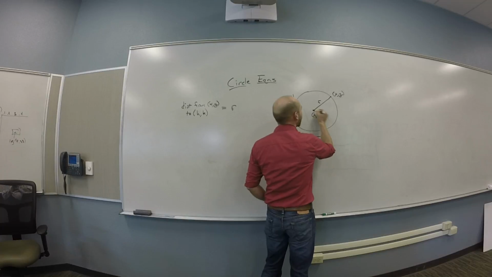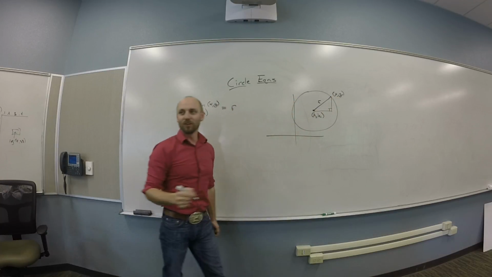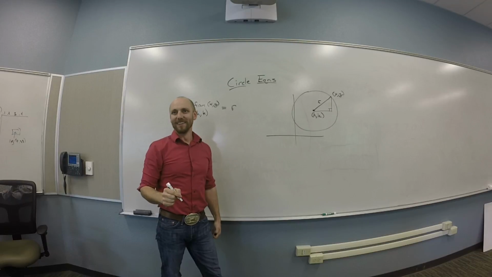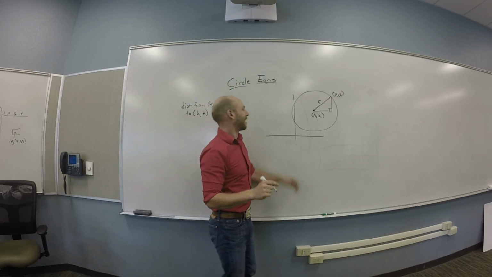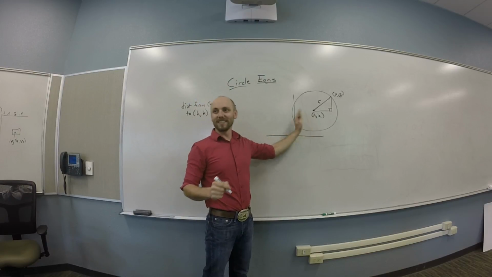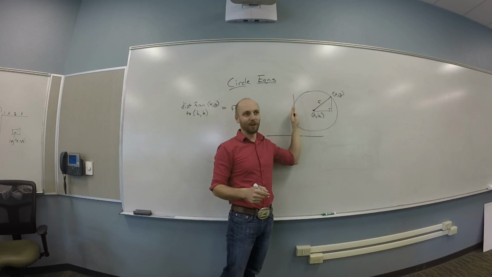My bad. Okay, so there's this triangle, which is a right triangle, right? Why? Because you said so. Because I said so. Because the bottom's parallel to the x-axis and the vertical side's parallel to the y-axis.